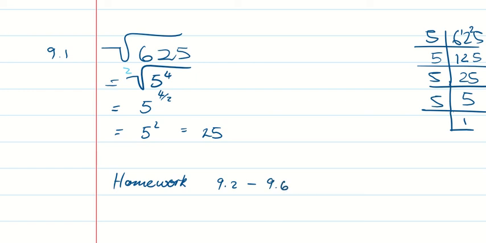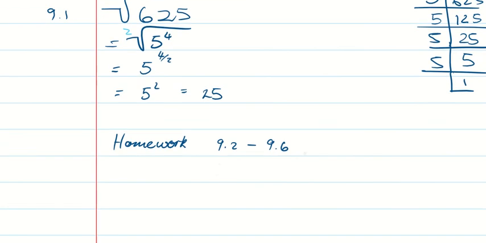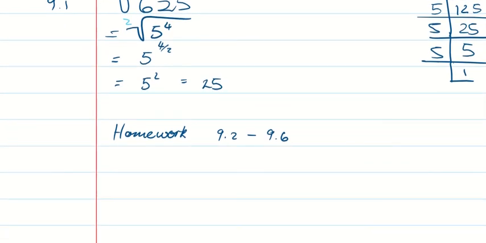Please note that when they give you a decimal, try to convert the decimal to a common fraction. Then you also need to do question number 10, 10.1, 10.2, number 11, and question number 12. So that's all the homework.